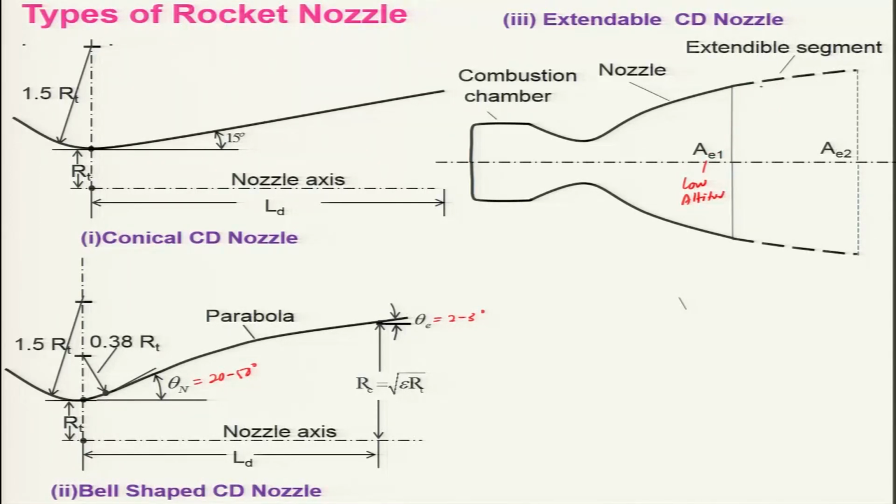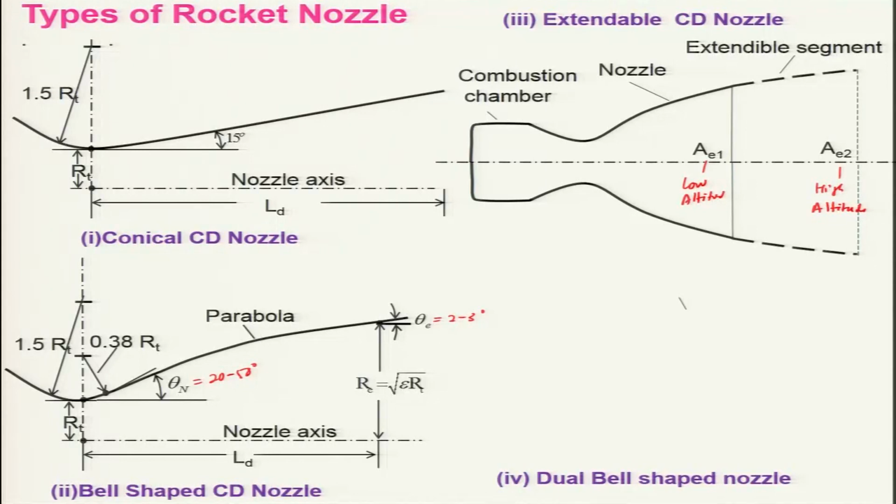In case of high altitude operation, that is AE, this extendable portion is used. The problem is that it has to be actuated properly, otherwise there might be some losses due to the deployment of this extendable segment. Also the thrust requirement will be very high, because you will have to use some force to extend this segment. This will have a parasitic effect on the performance of the rocket nozzle.